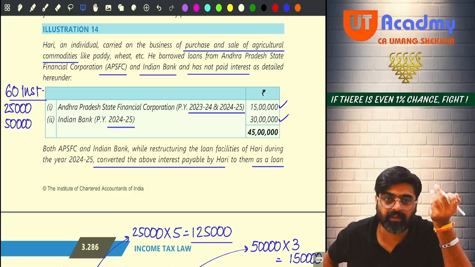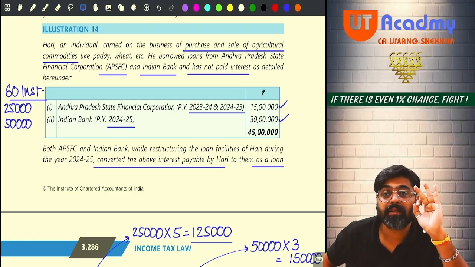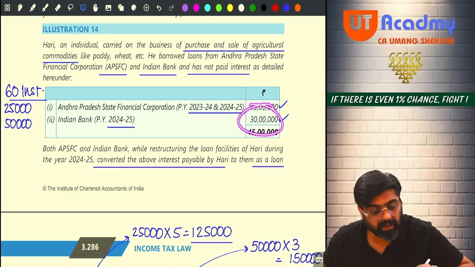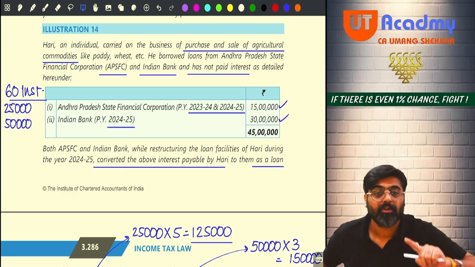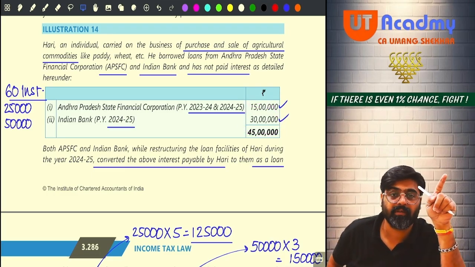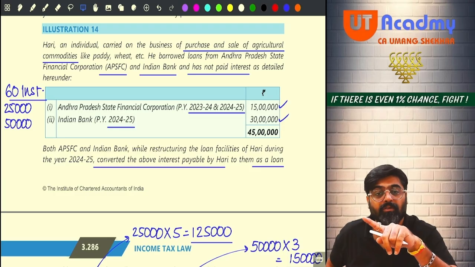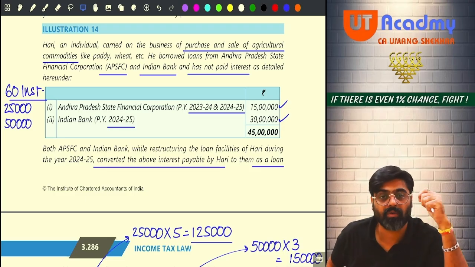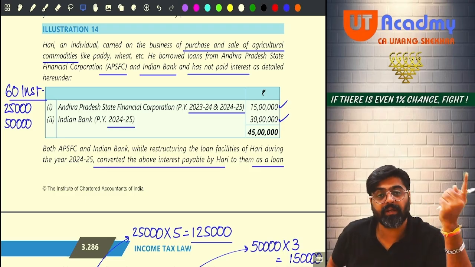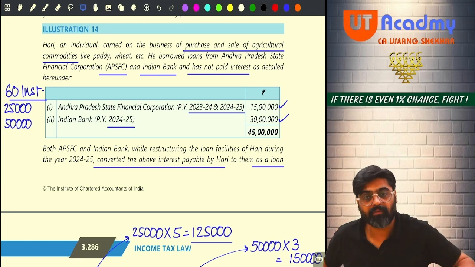Claim it as a deduction in this year. And 3 installments out of this 30 lakhs is paid in this year. So 30 lakhs divided by 60 will give you 50,000. And likewise, 3 installments of 50,000 is paid in this year to Indian Bank. So 3 into 50 will give you 1,50,000.